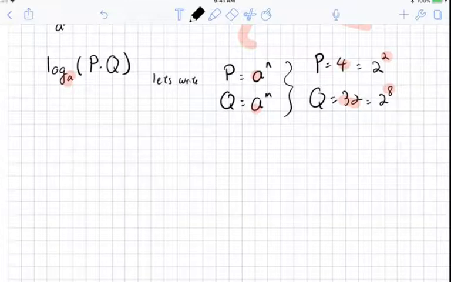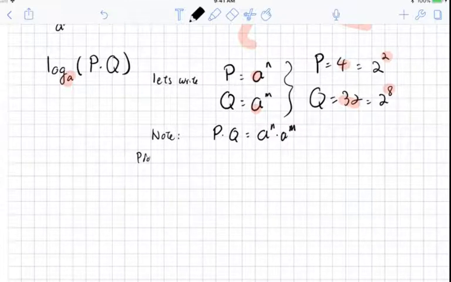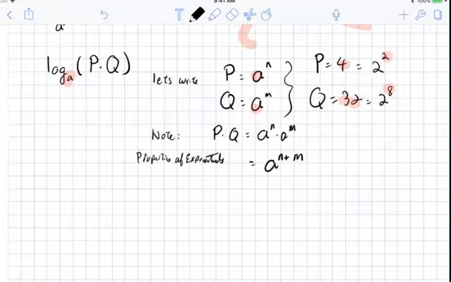I want you to then note that p times q is then a to the n times a to the m. And because of the properties of exponentials, we can write this expression as a to the n plus m, right?